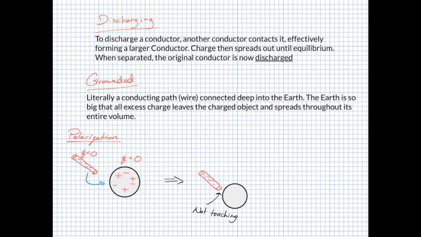The atoms themselves are not moving around in the material, just their excess electrons. So you can see all these electrons will get as far away as possible until they're in equilibrium. And what this effectively does is it takes this neutral object and splits it into two different charges. One side is slightly positive, the other side is slightly negative.